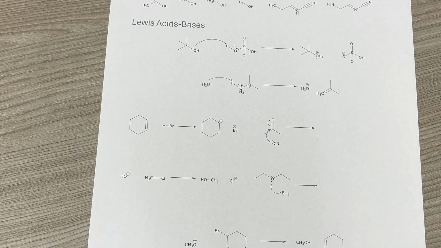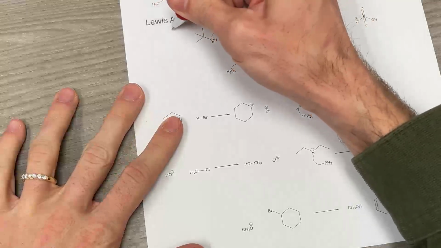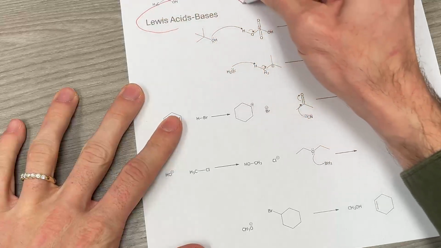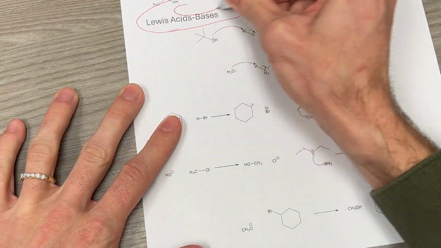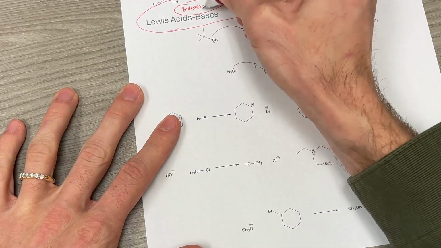Okay, OChem 1 students, we just learned about arrow pushing and we are applying it here in the context of Lewis acids and bases, which, as a reminder, is a category that includes all Bronsted-Lowry acids and bases.